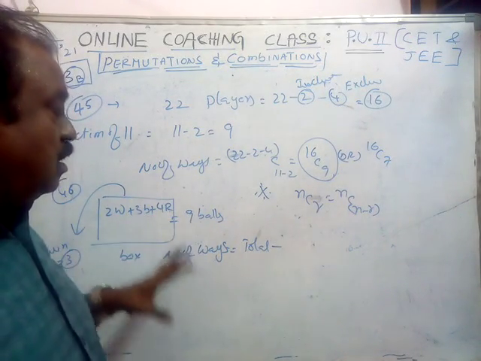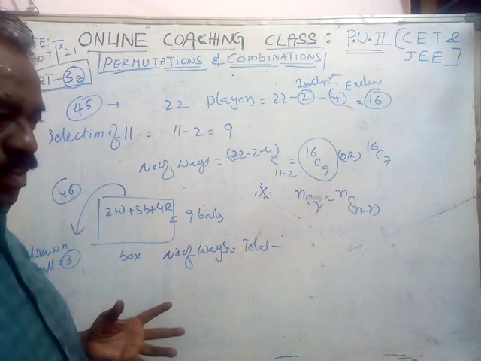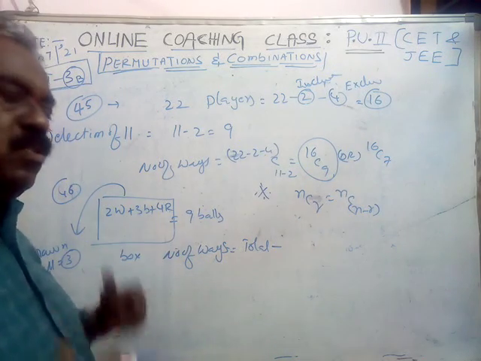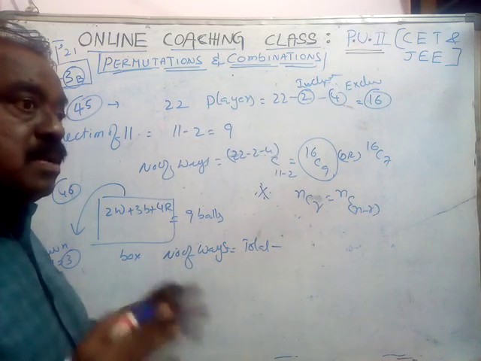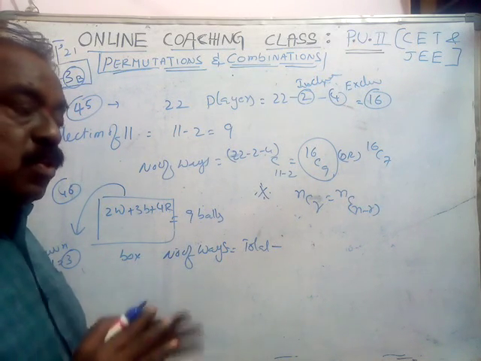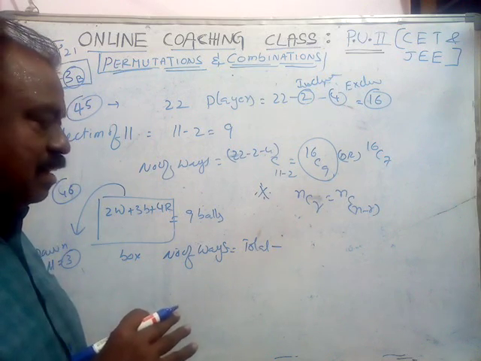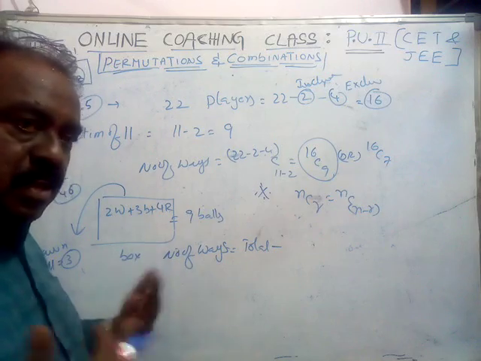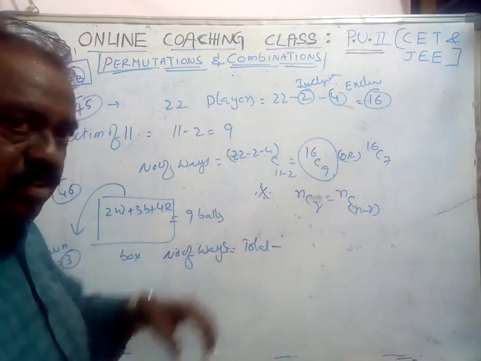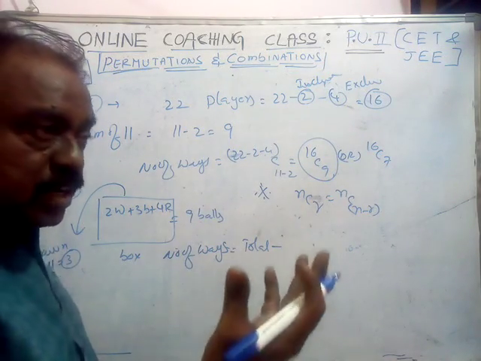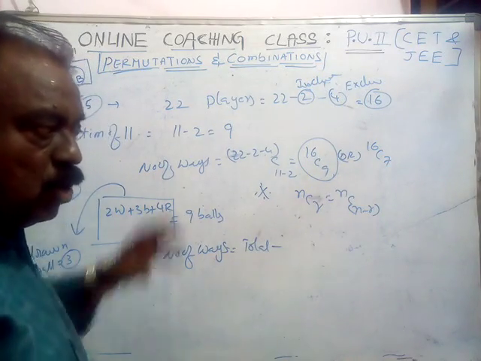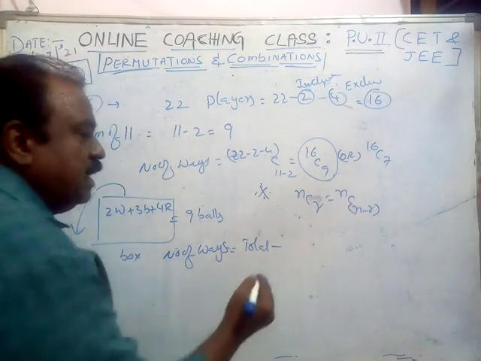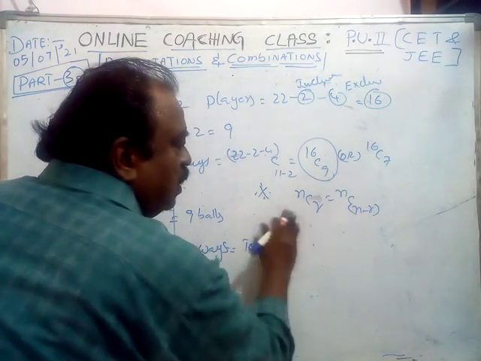So that is the total minus the cases with no black ball. I am using the complementary method. In the previous problem, to get the number of odd divisors, it was total minus even, in such a way. This is total minus.